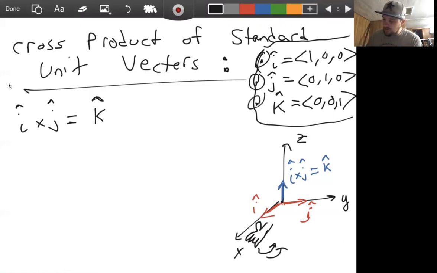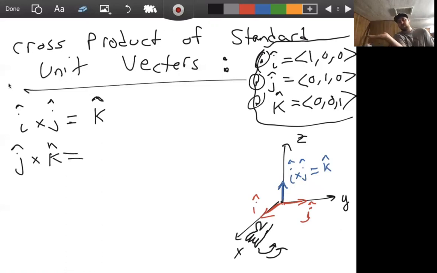You can do something similar with j hat cross k hat. If you take j hat cross k hat, that means you're going to put your hand along the direction of the positive y-axis, and curl your fingers towards the z-axis. So in that case, your hand would have to be flat, and you would have to curl your fingers up towards the positive z-axis.